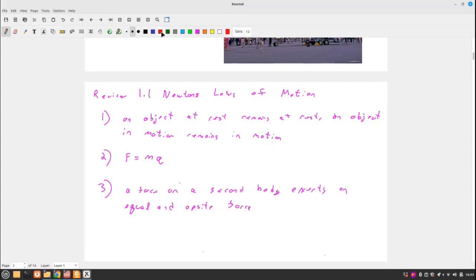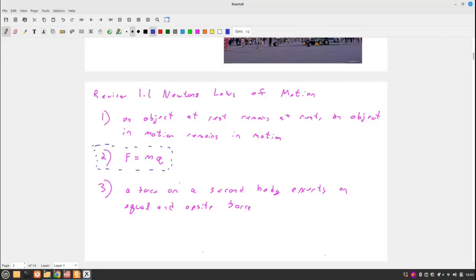Now, of all these laws, they're all important, but in this class, we are going to use force equals mass times acceleration, and that allows us to transition energy in a vibrating system between the force applied on the energy and the acceleration of the energy about a static equilibrium point.